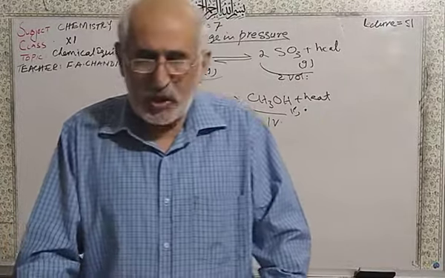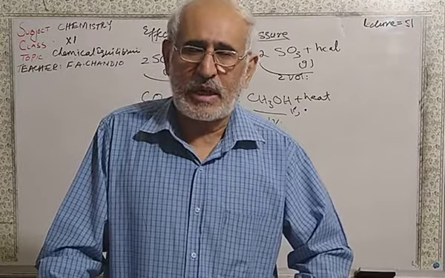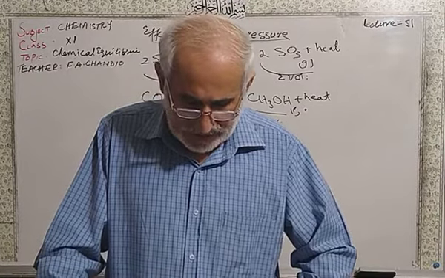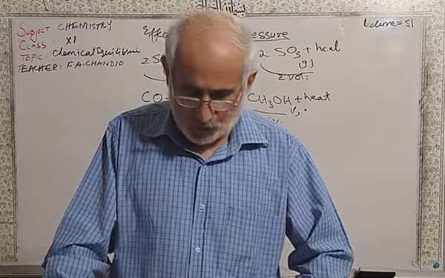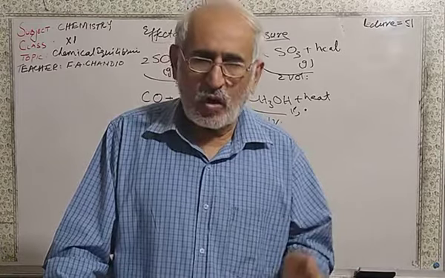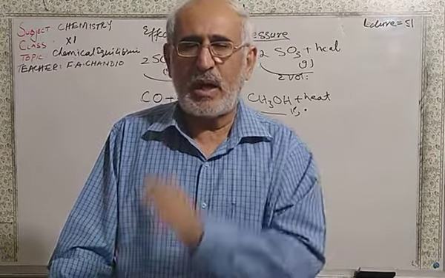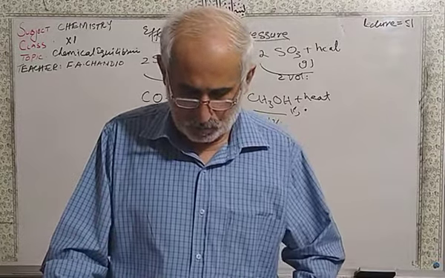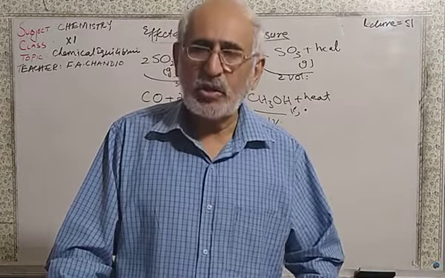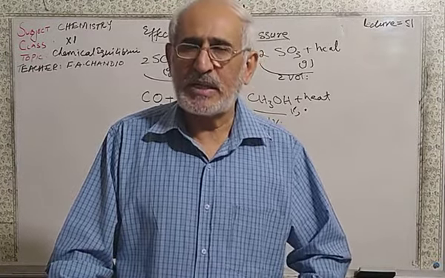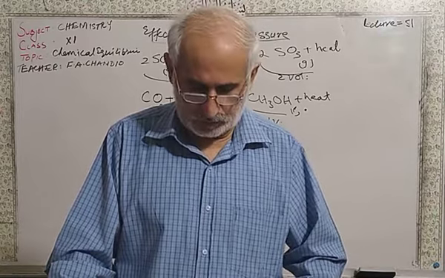So that is why the total number of molecules on the product side is reduced. This means the equilibrium position will shift towards the side involving the smaller number of molecules according to the stoichiometric balanced chemical equation.